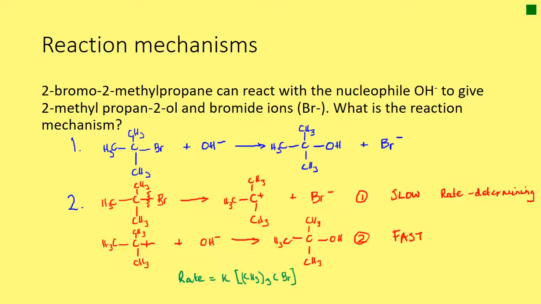ion breaking off. So this bond here breaking, bromide taking the electron with it to leave two intermediary species that look like this. So you've got the central carbon, and it's lost the electron because the bromide has gone off with it. And the methyl groups are relatively unaffected.